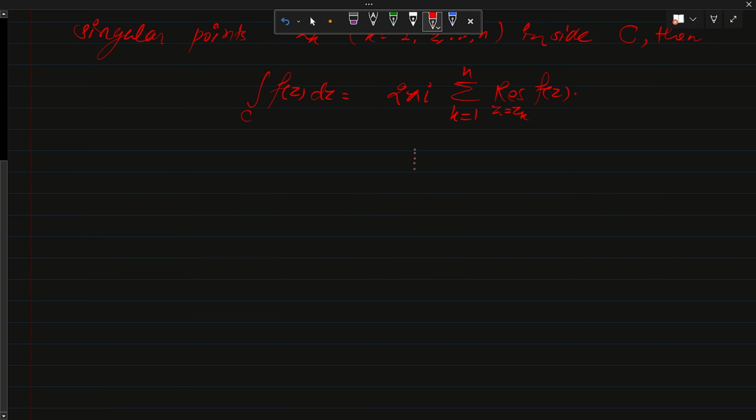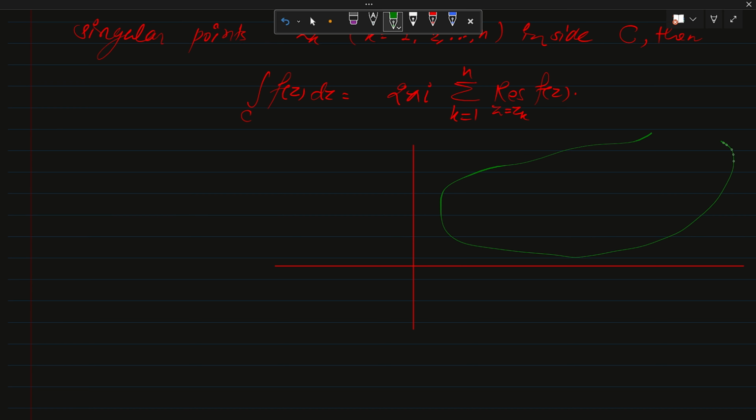Let us see that. Suppose this is our imaginary axis, this is our real axis, and say this is the contour. Okay, this is some contour and it is positively oriented, so this is our curve C. Now suppose we are having some points. Let me draw some circle first.